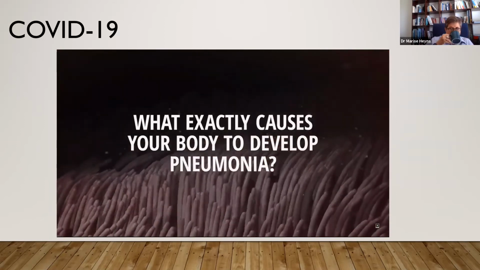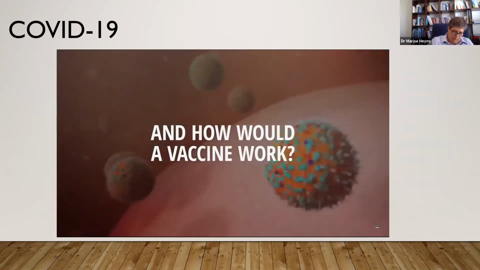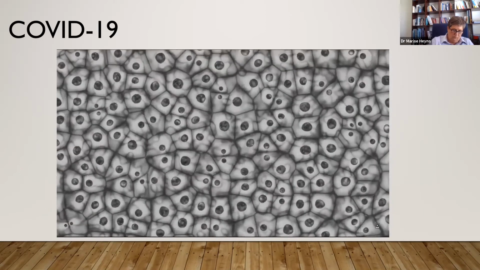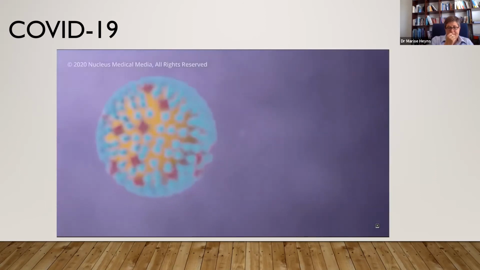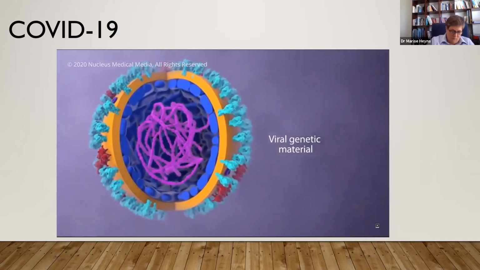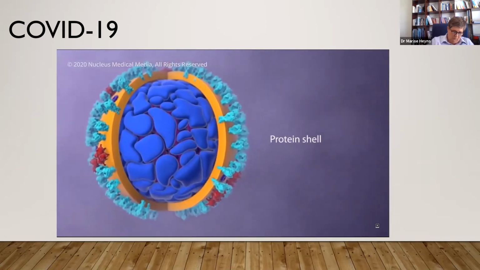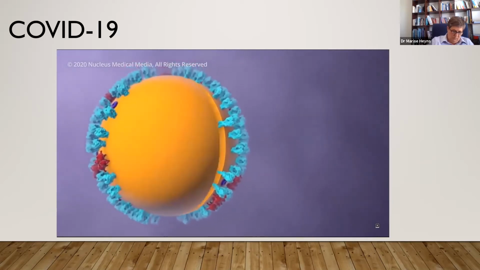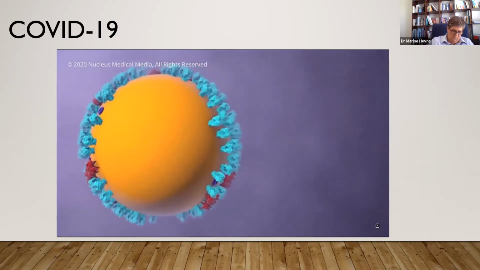What exactly causes your body to develop pneumonia? And how would a vaccine work? The coronavirus must infect living cells in order to reproduce. Let's have a closer look. Inside the virus, genetic material contains the information to make more copies of itself. A protein shell provides a hard protective enclosure for the genetic material as the virus travels between the people it infects. An outer envelope allows the virus to infect cells by merging with the cell's outer membrane.